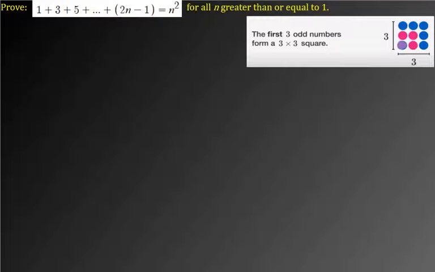And then the next one out, if I add 1, 2, 3, 4, 5 more, the next odd number, I get a 3 by 3. I get 9, right? 1 plus 3 plus 5 is 9. And you can keep doing that. I'll just do one more here.